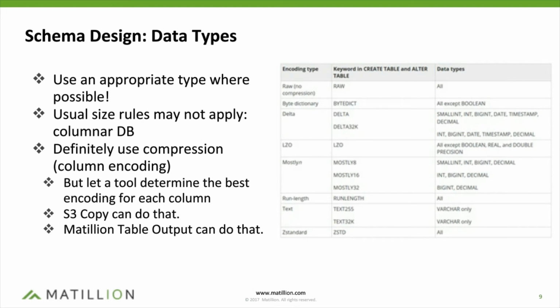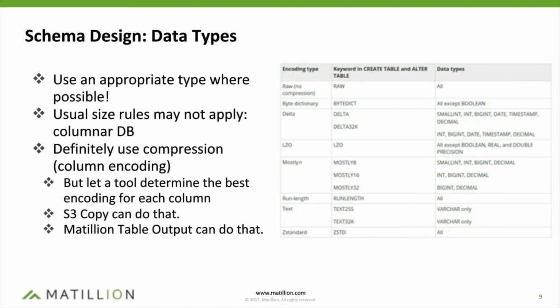So if you've got a label which only has 4 or 5 values, then there's a compression type, mostly8, that will just encode every possible value to a very small integer, and then they'll actually store the integer to represent it. For example, there's run length encoding, there's standard kind of LZO encoding.